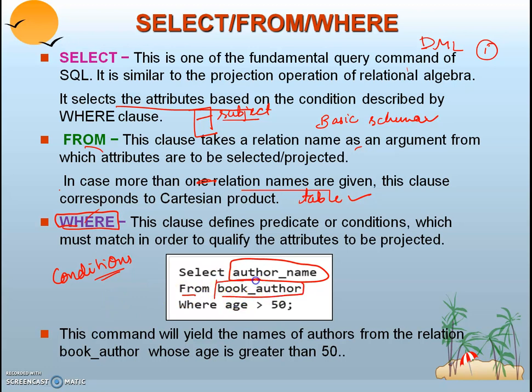The name of the table is book author. Do I have to select all the author names? No. Here I'm providing a condition in the where clause saying I want the names of the authors from the table book author whose age is greater than 50. This is how your select from where clause works.